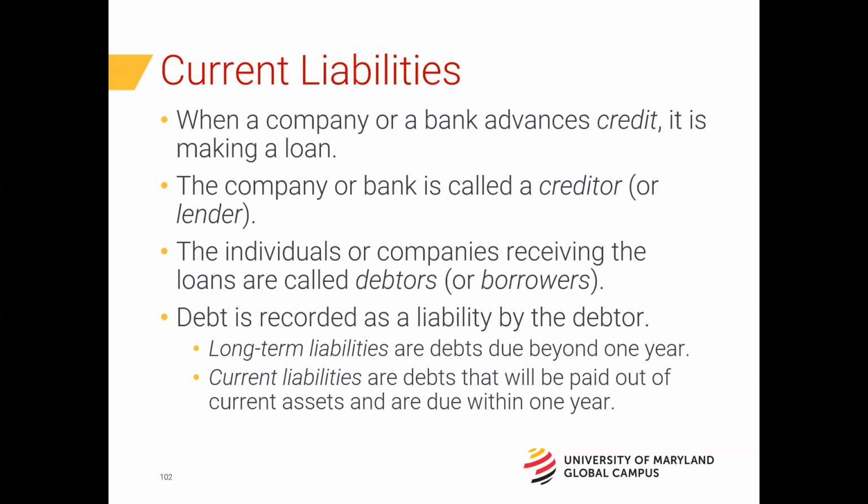Current liabilities are liabilities that the company owes to others within 12 months or less. That's what makes it current. 12 months or more is long term.